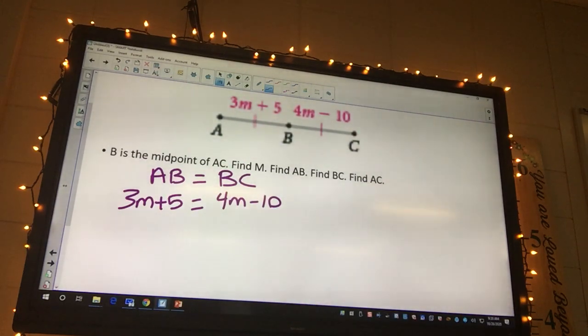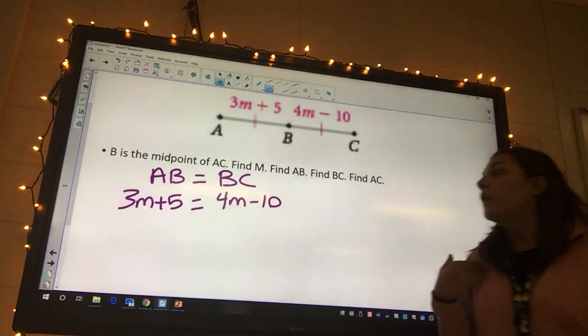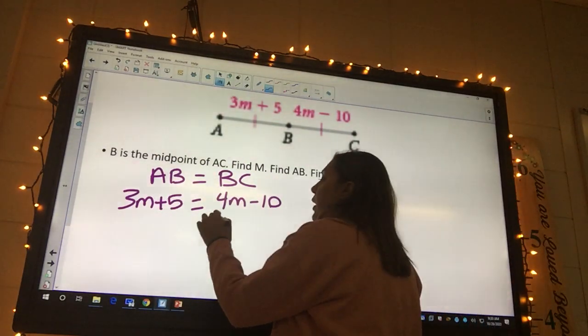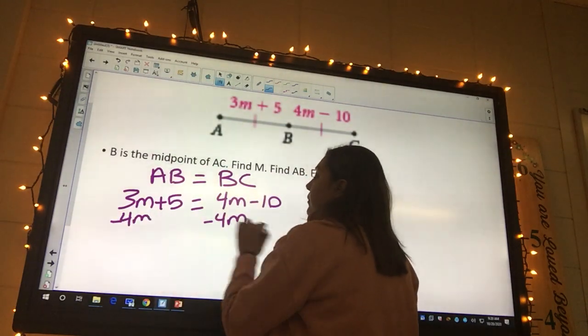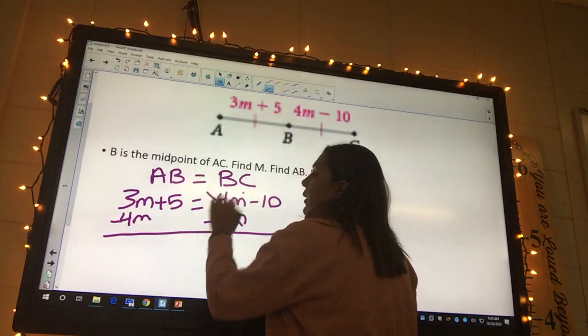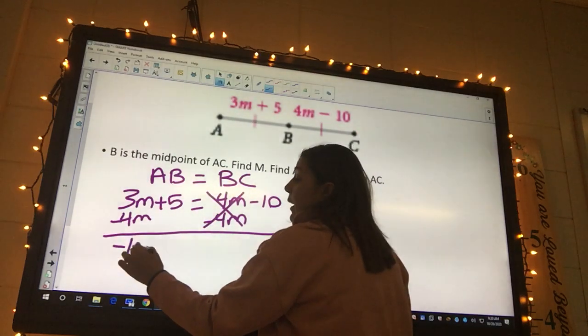Where do my letters go? Letters go on the left. So, how do I move and what do I move? I need to move this 4m. So I'm going to say minus 4m, minus 4m. And the same for that 3m too. So 3m minus 4m is going to be minus 1m.